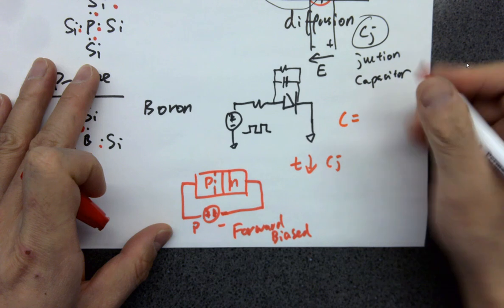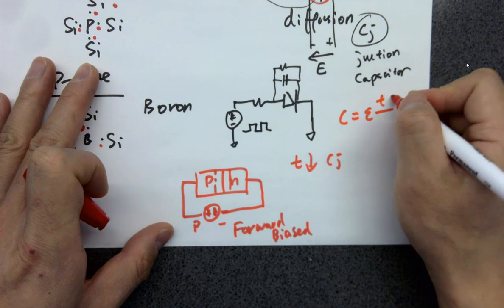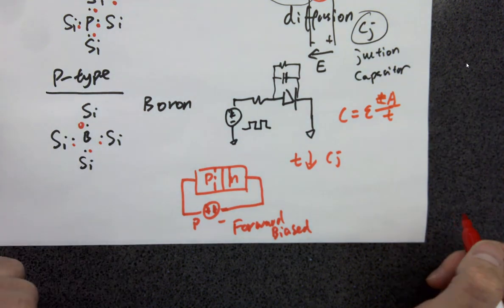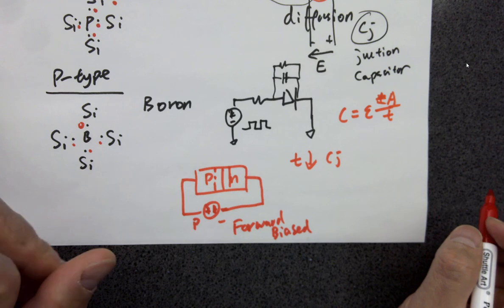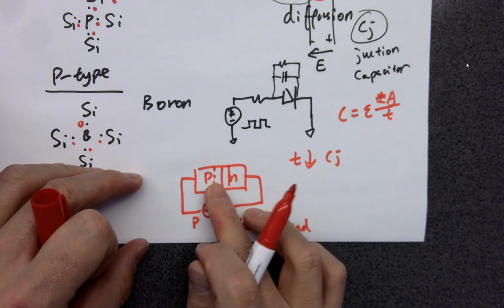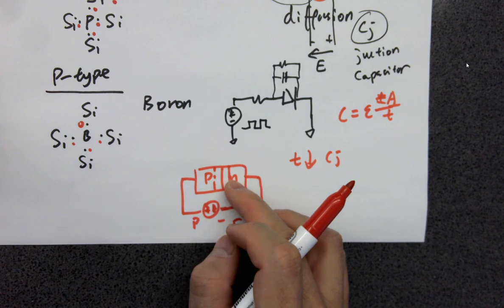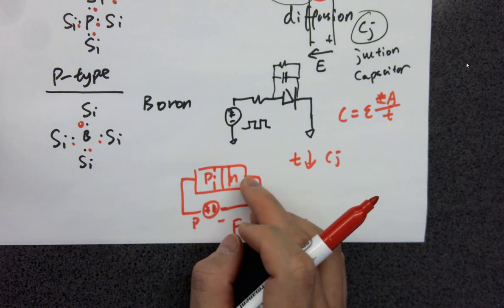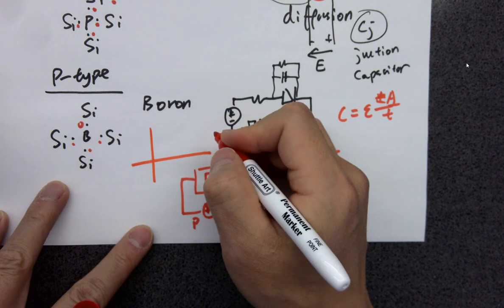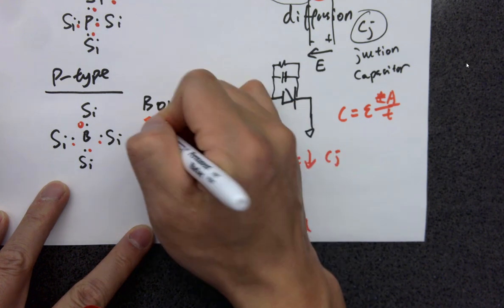So C equals what? Epsilon A over T. So how does that work? Whenever this is getting thinner and thinner, the electrons can get through, right? They can tunnel through this depletion region. That's why you need a threshold. Whenever you are looking at the IV curve, you should have V here and I here for the diode.